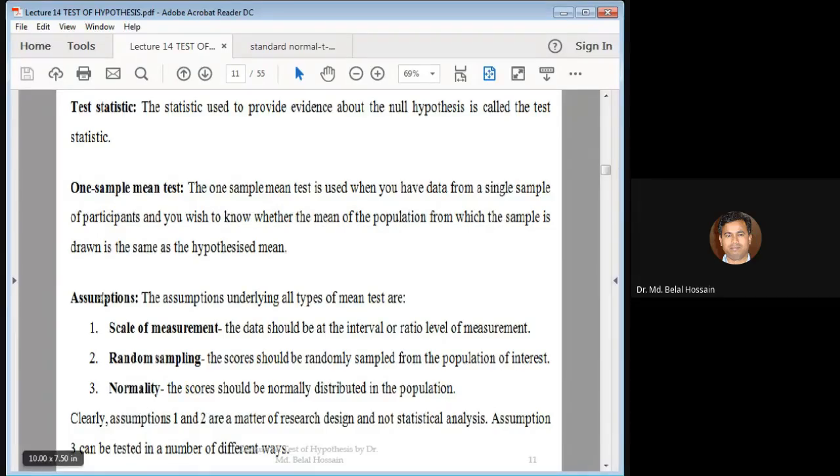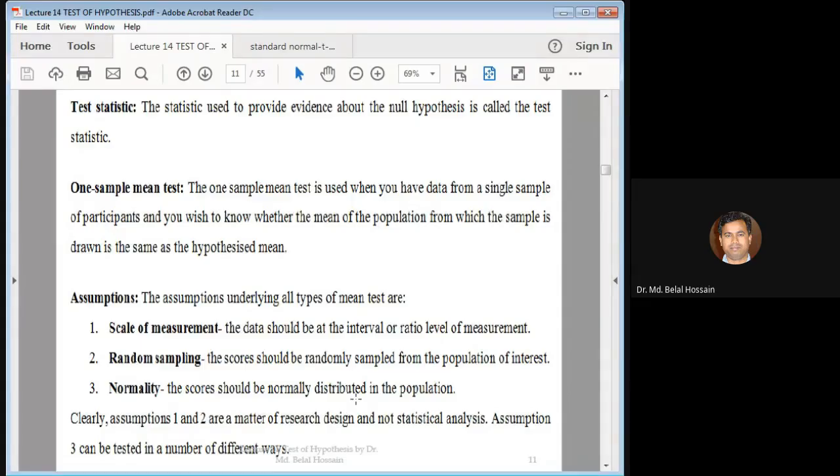Like for one sample mean test, the sample should be a random sample and those values will be approximately normally distributed.